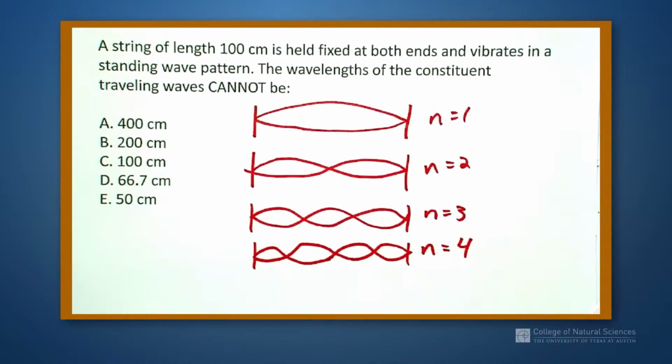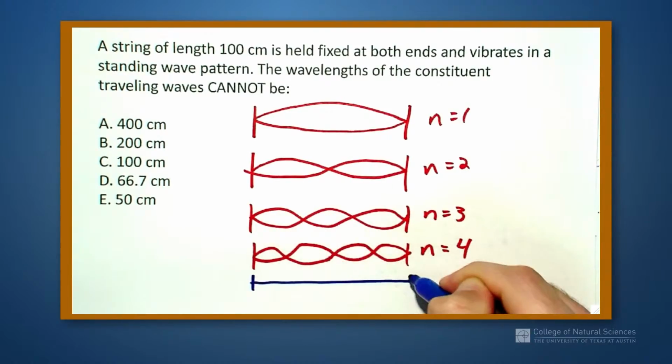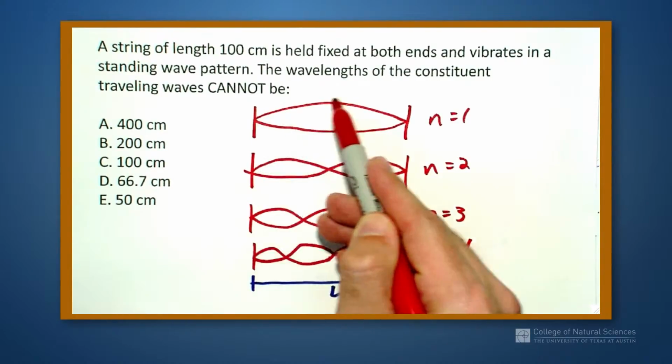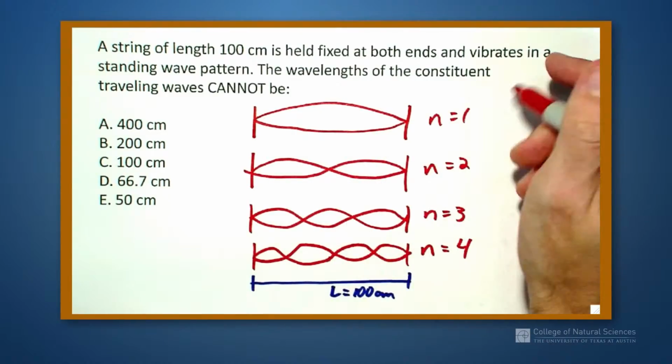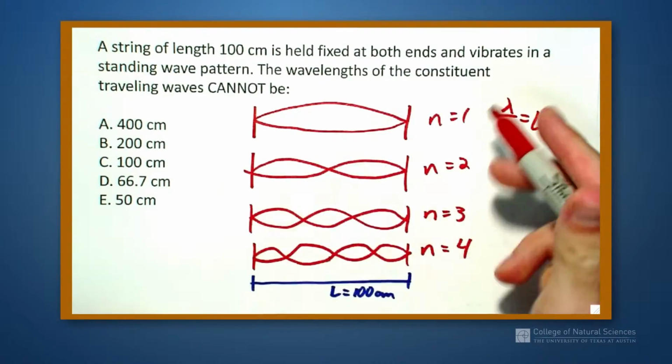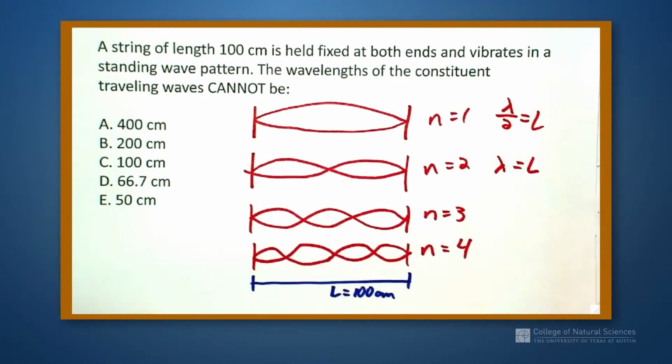All right, so we have these, and we know that this length right here, L, is equal to 100 centimeters. So we want to know what wavelengths we can have and the ones that we can't have. Well, this one right here is lambda over 2 equals L. This one right here is L equals lambda.